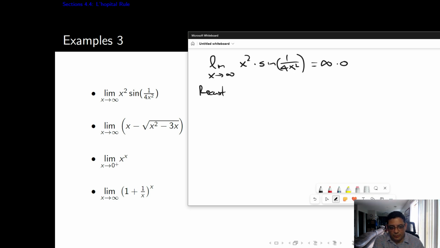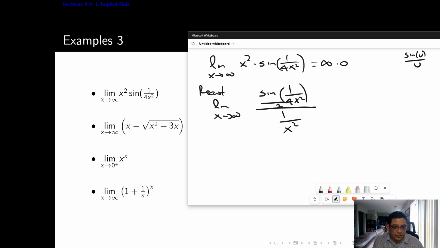The way I can do this is to notice that having x squared here is the same as dividing by 1 over x squared. This is an algebraic manipulation where we essentially put a fraction here. With this manipulation, notice that this is similar to the shape sine of u over u.